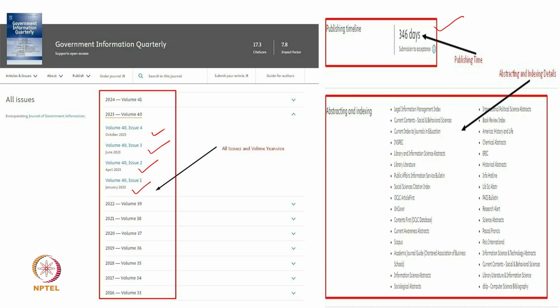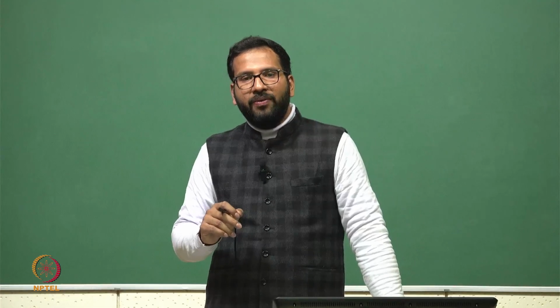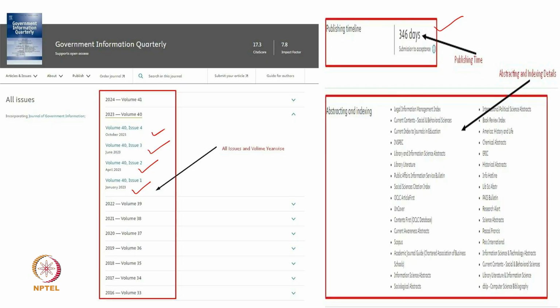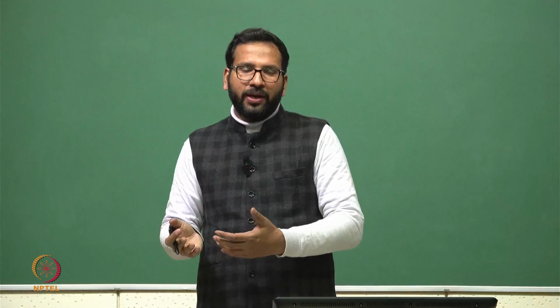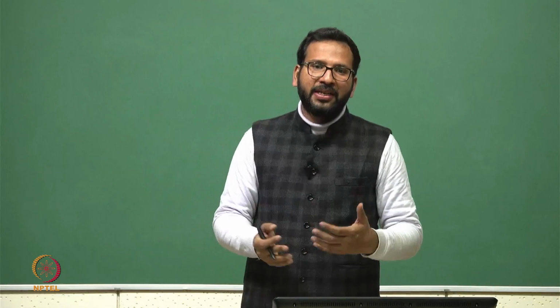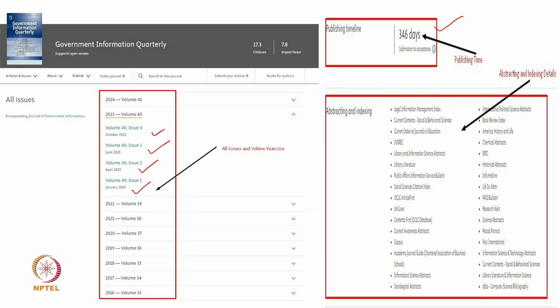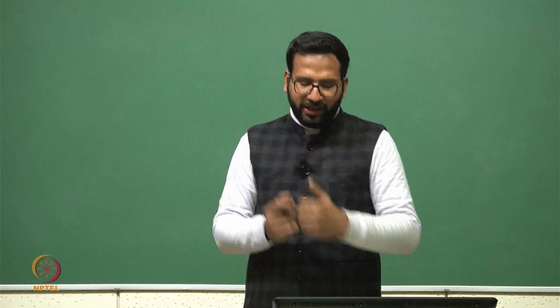Then on the right hand side, this is an attribute of a journal which shows that this particular journal takes 346 days from submission to acceptance. This is again an important attribute which is considered before publication. Say you want to publish research, but you don't want to take that much time. So publishing time is a key attribute to know how much time the journal takes from submission to publication.